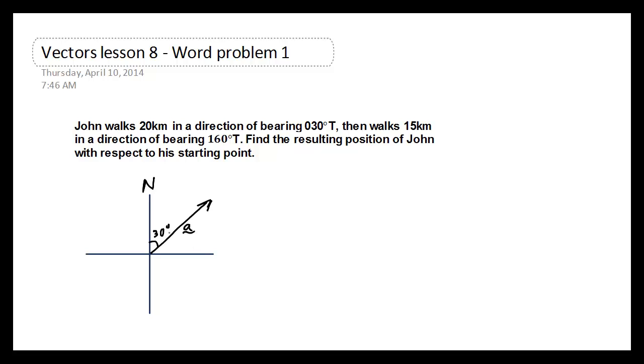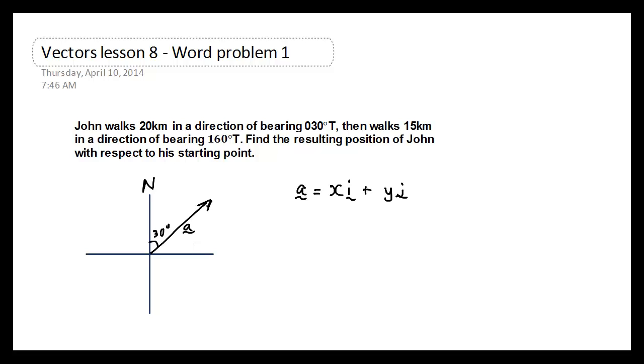In order to complete this problem, we need the horizontal and vertical components of bearing A. In other words, we want to write bearing A in terms of xi plus yj, and we need to know what x is and what y is.